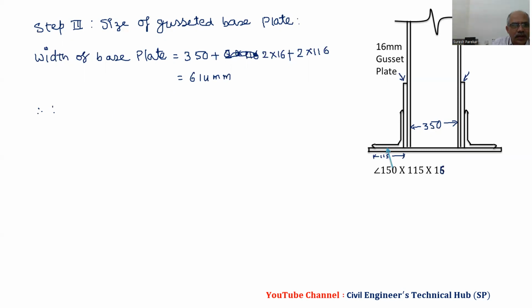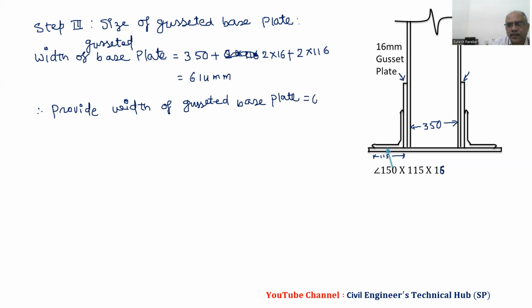Therefore, provide width of gusseted base plate equal to 620 millimeters.